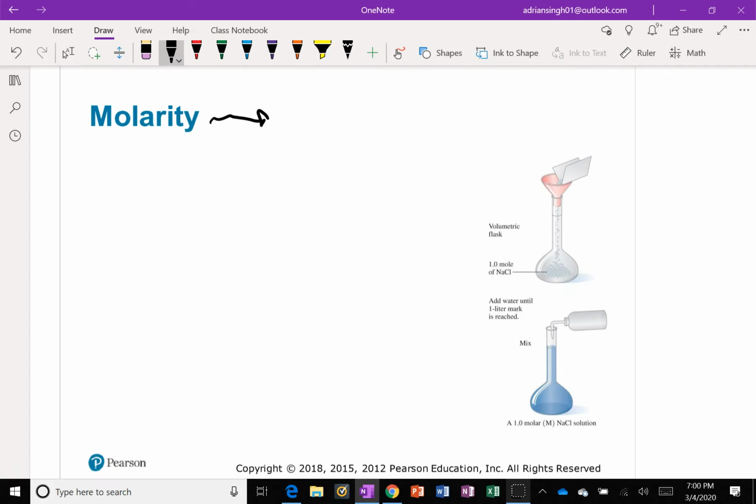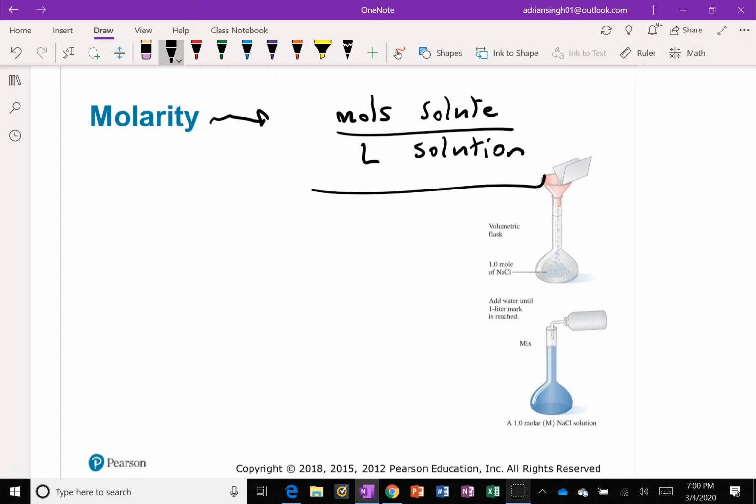What the molarity is, though, is now moles of the solute divided by the liters of the solution. It's the same ratio, solute over solution, that we've seen in all the other three cases. It's just the units now that make them different.